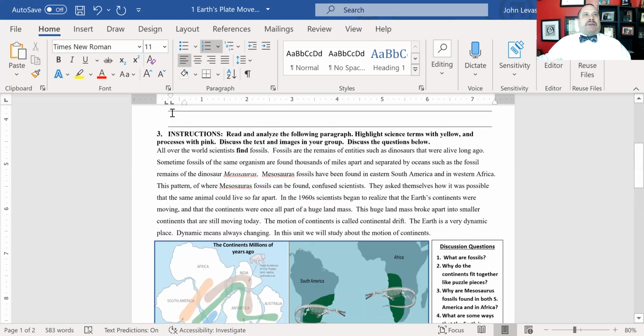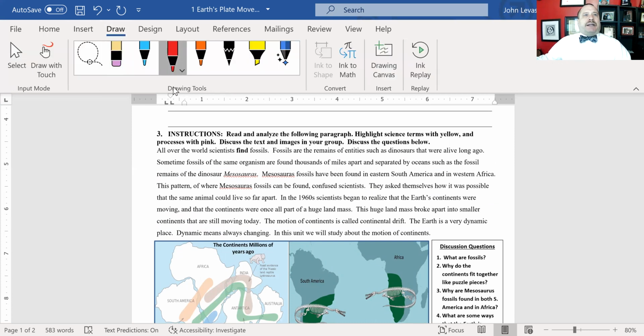So let's look up here. In this first sentence, we introduce the idea of fossils. And then in the next one, we explain or define fossils. In the third sentence, we have an example of something that has fossilized, which is Mesosaurus.